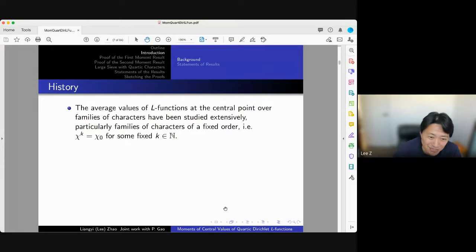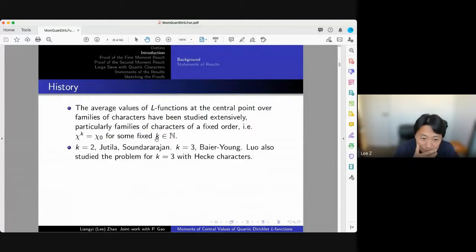So characters of a fixed order K means chi raised to the K is the trivial, or principal, character for some fixed natural number K.